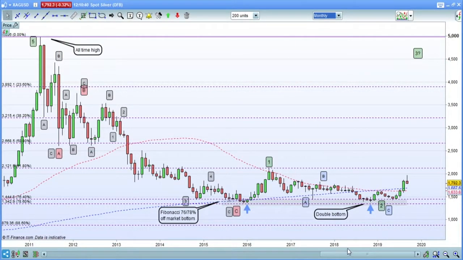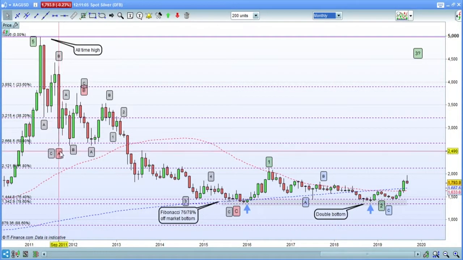This is pretty important for me because that's almost a last-ditch retrace level, which is corroborating my ABC count. Some people, especially on gold, are saying that that's just a wave A, and that the current rally is a wave B, and we're going to see a lower low. But if I look at silver, I don't see that. So I don't really agree with that analysis.